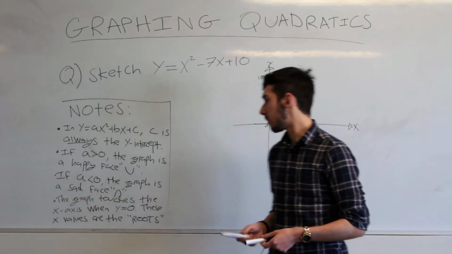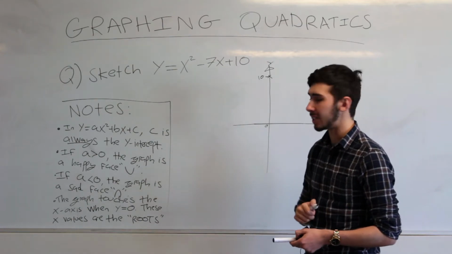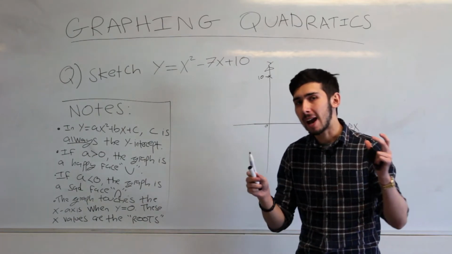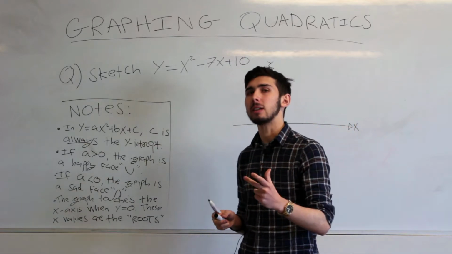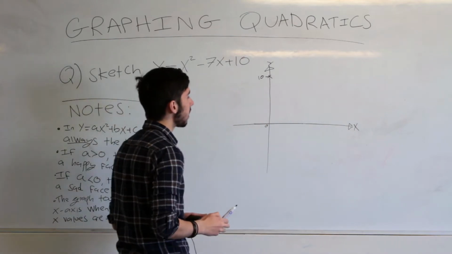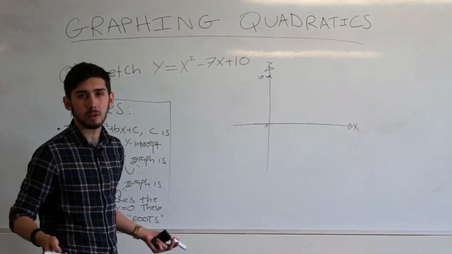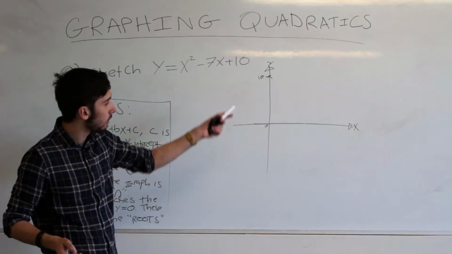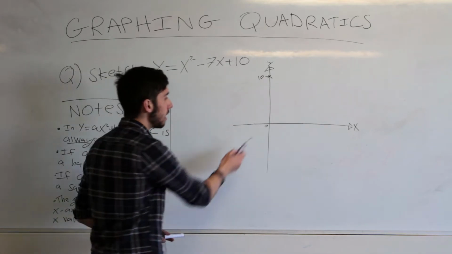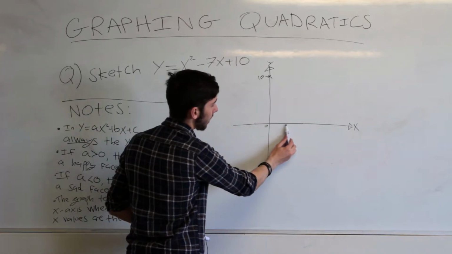And the last thing is, the graph will touch the x-axis when y is 0. That should be a fair thing to sort of think about, because if we actually look at a coordinate axis, when is y 0? Where? Label a point where y is 0. Well, you say, okay, 0, 0, that's when y is 0, that's right. But what's the coordinate of, let's say, something like this?